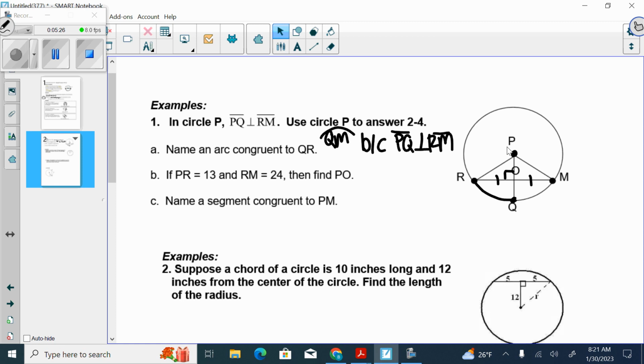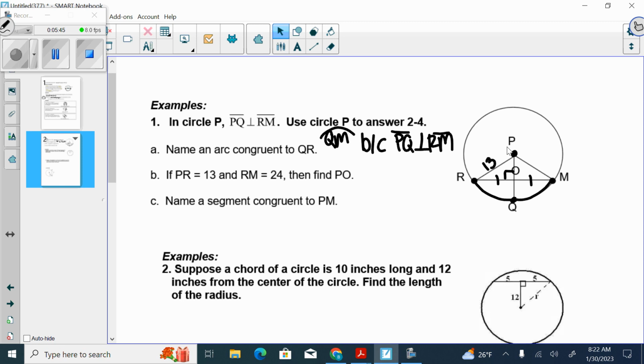And then we were also told that if the chords were congruent, then the arcs were congruent. Right?